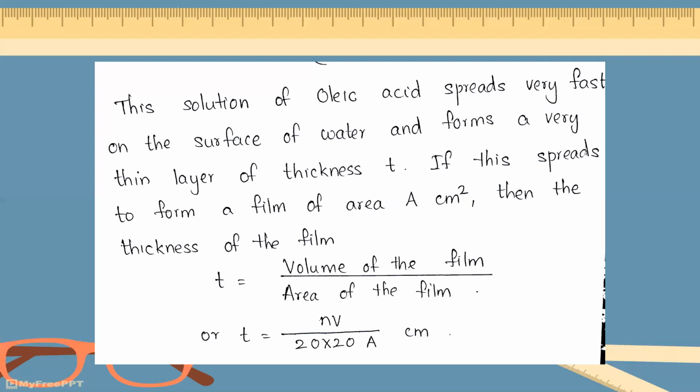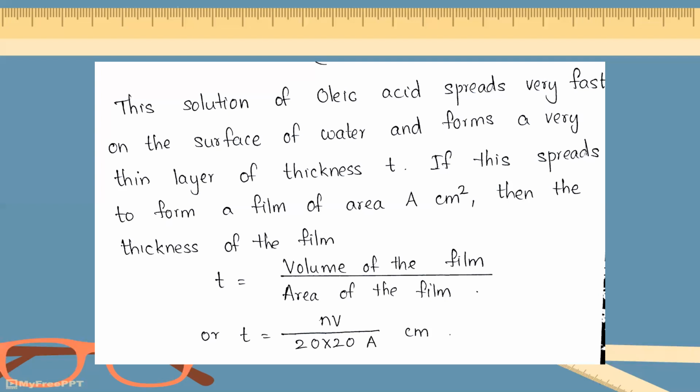Let small t be the thickness, therefore small t is equal to volume of the film divided by area of the film, or t is equal to n into V divided by 20 into 20 into capital A. Volume is nV divided by 20 into 20.